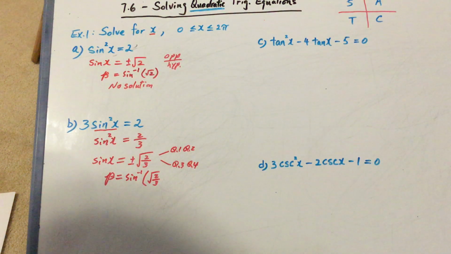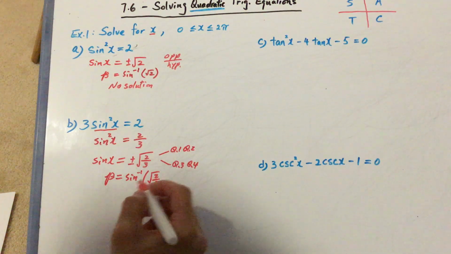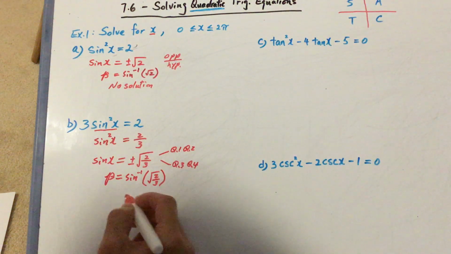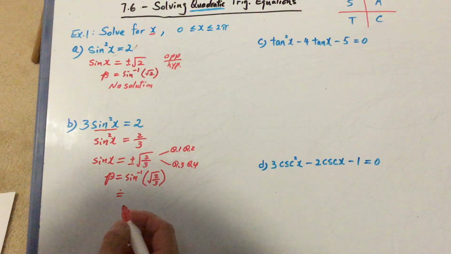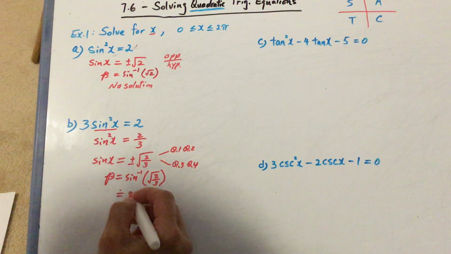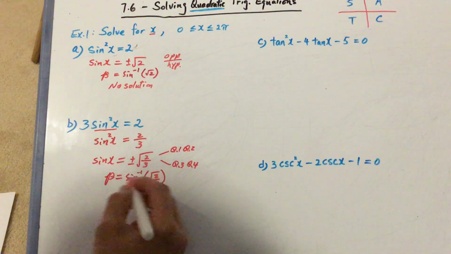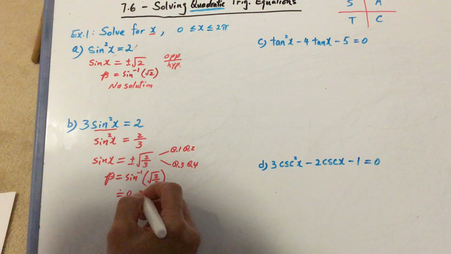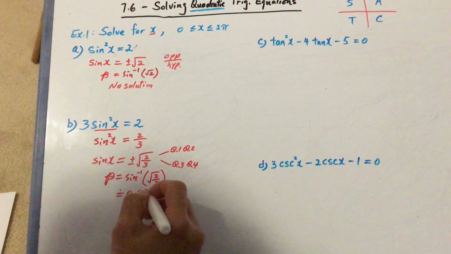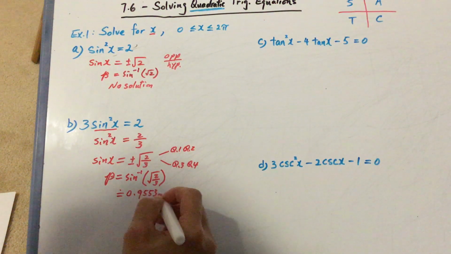That will give you approximately, this is not going to be a special angle, so the only thing you can do is use radian mode and get the radian measure 0.9553.